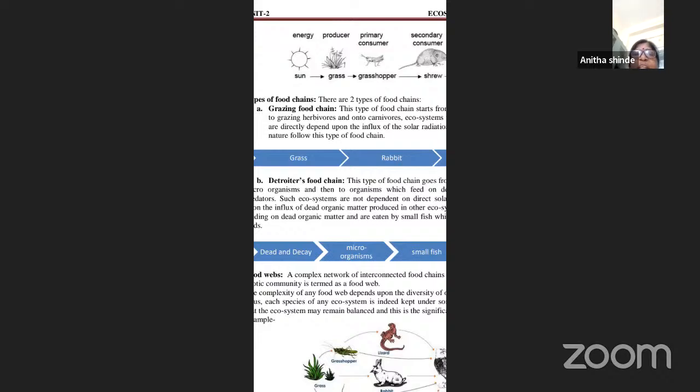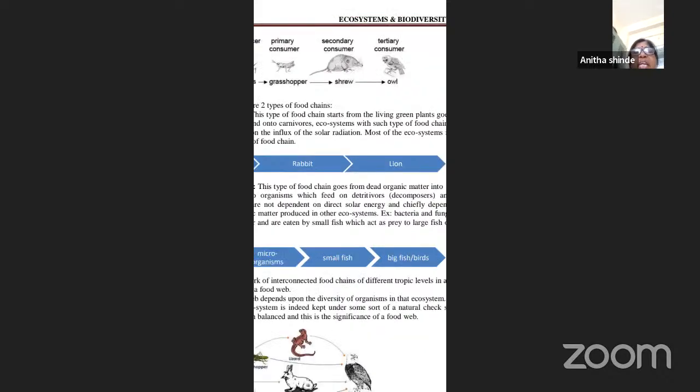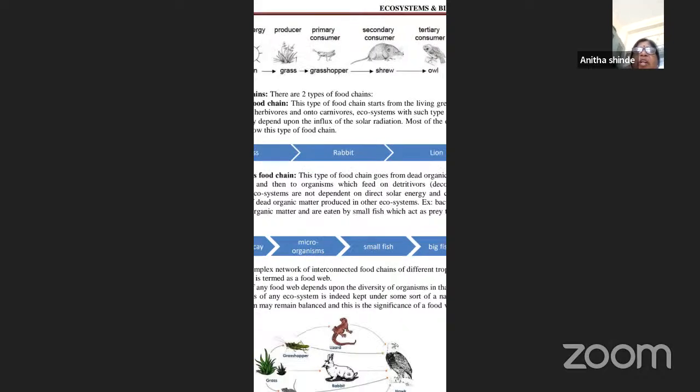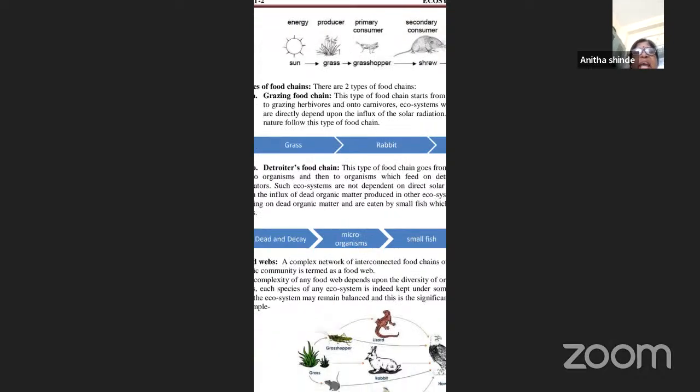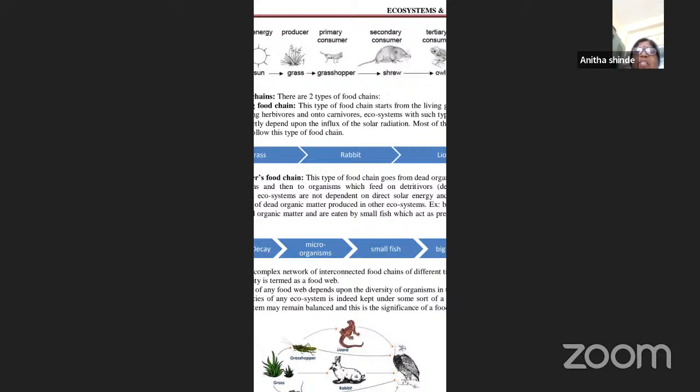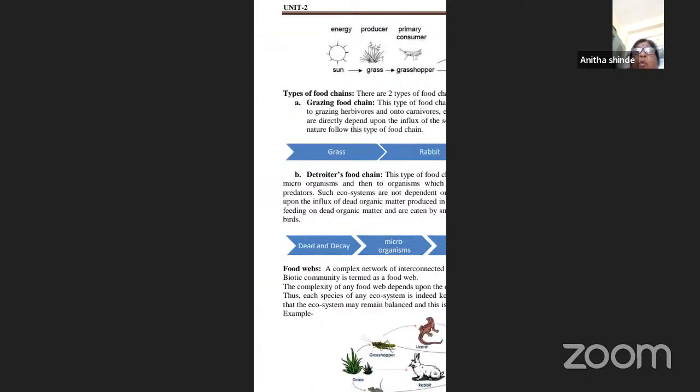Now coming to the detritus food chain. This type of food chain goes from the dead organic matter into microorganisms and then to organisms which feed on the detritus, that is decomposers, and then predators. Such ecosystems are not dependent on direct solar energy.